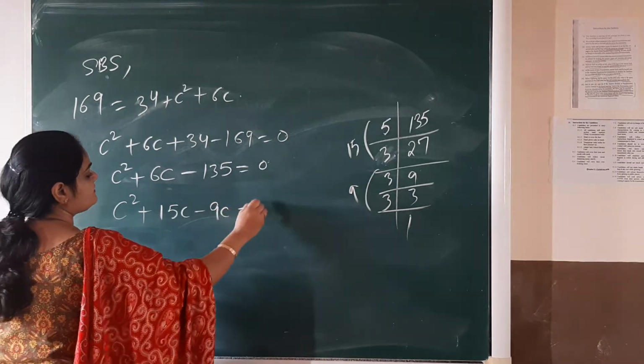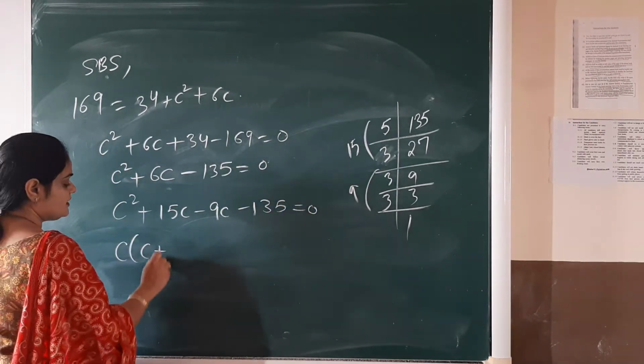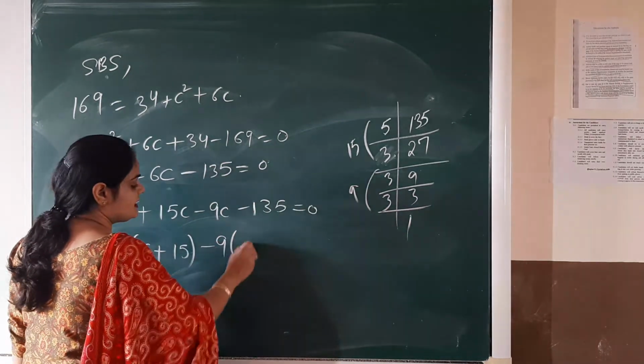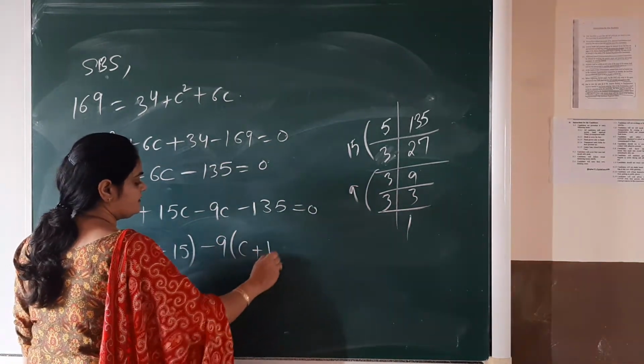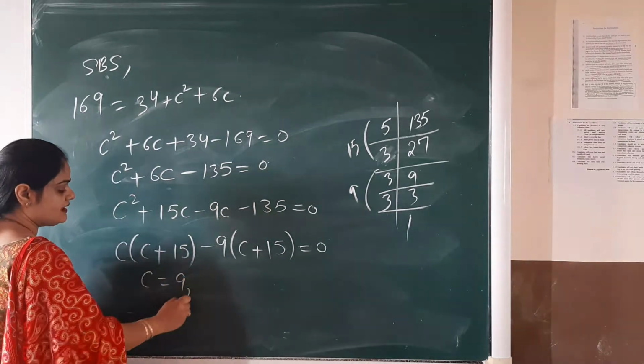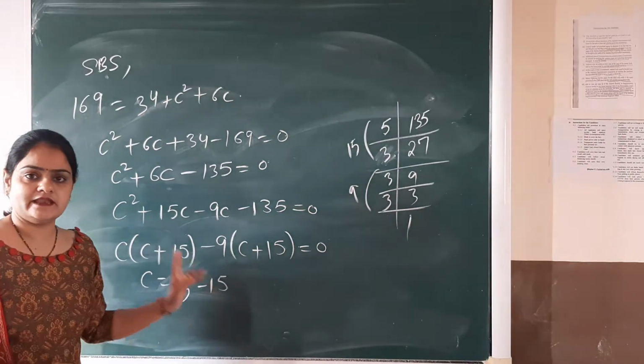C square plus 15C minus 9C minus 135 equals 0. So C plus 15, whenever we are taking C as common, and after taking 9 as common, we are getting C plus 15 equals 0. So we are getting the two values of C. One is 9 and another one is -15.